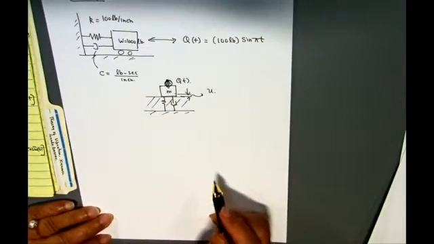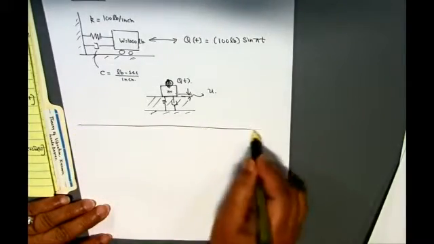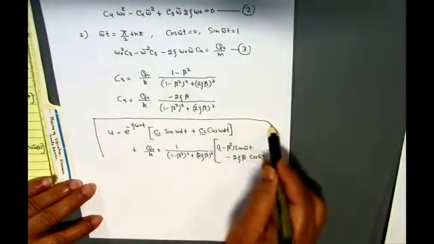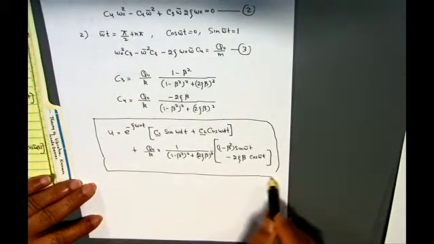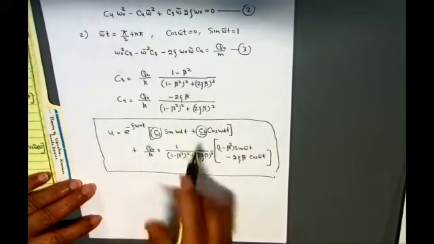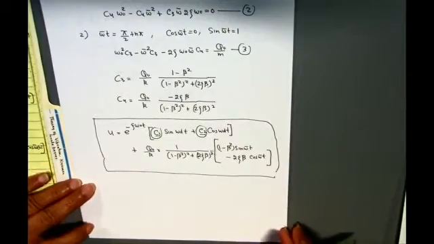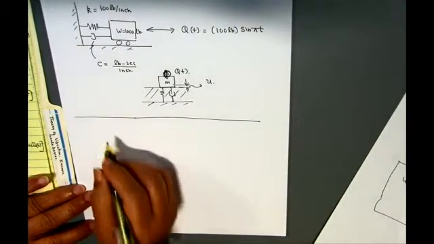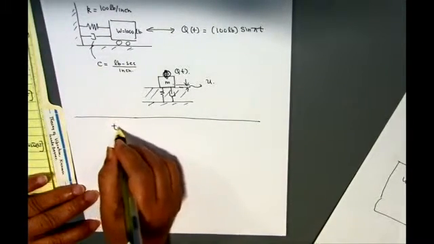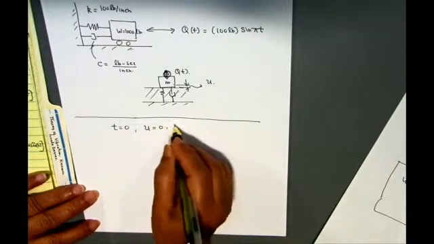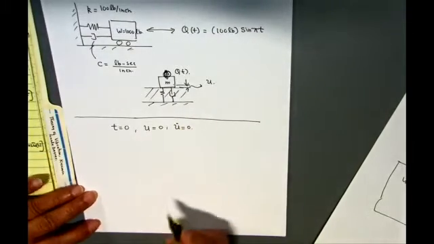So we need to calculate in this system, because if we write our previous equation, which is written right here, this is the equation of displacement of the system, but to calculate the response I need the values of C1 and C2, right? And I need to start with initial conditions, so I can calculate the values of C1 and C2. So let's assume the initial conditions: when t is equal to 0, our displacement is 0 and our velocity is 0. So I'm going to start with that.